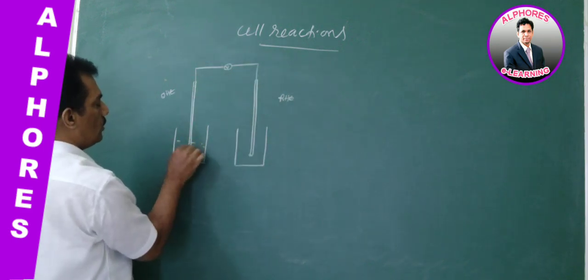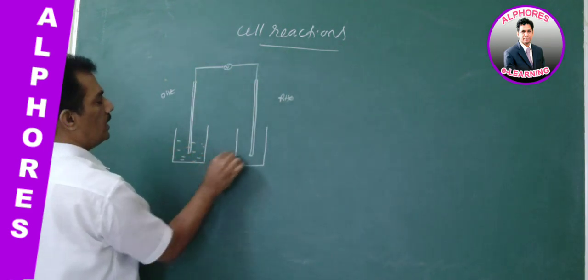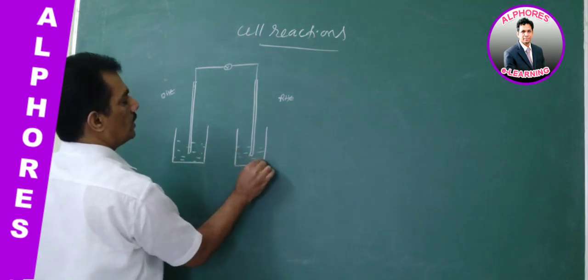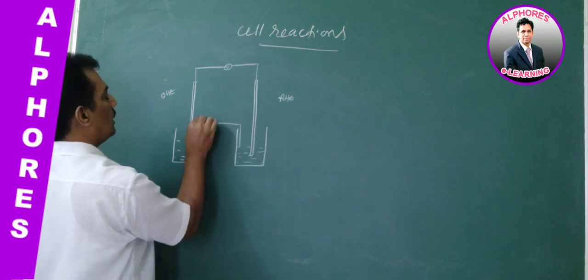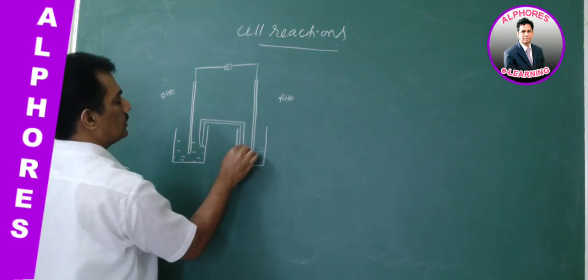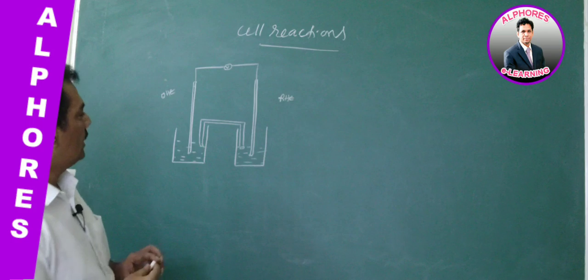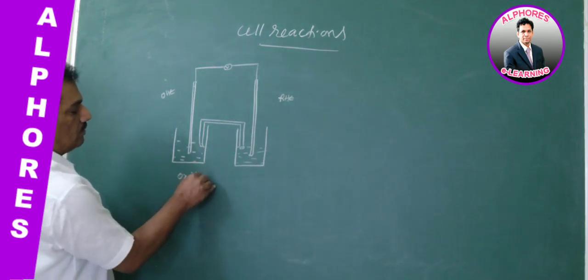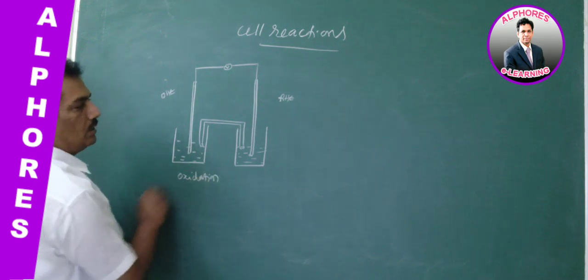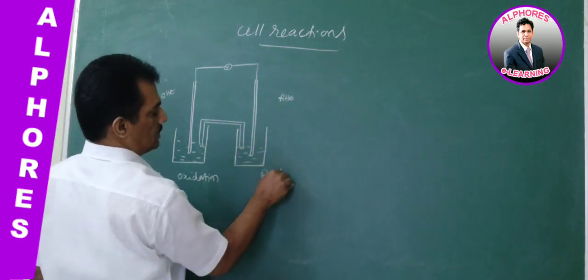The two electrolytes are connected with a salt bridge so as to complete the circuit and to get the current. This is clear. At the oxidation half electrode, oxidation takes place, no doubt at all, and here reduction takes place.